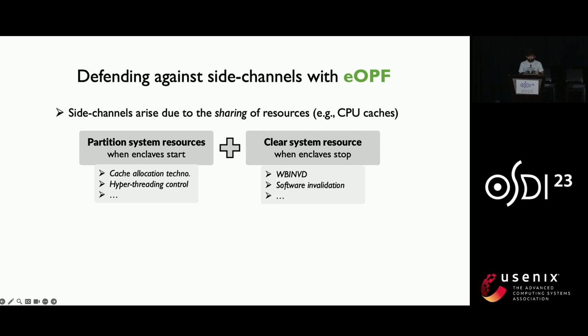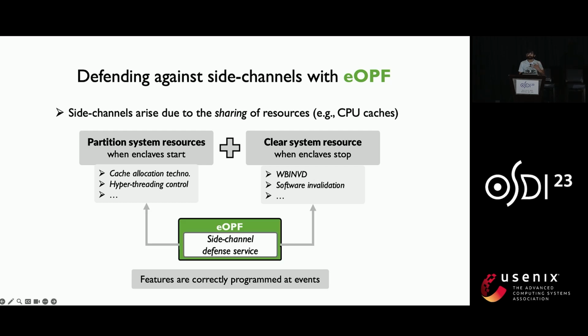And there are many CPU features that allow us to perform this partitioning and clearing. But the enclaves can't use them because enclaves are unprivileged. So what the eOPF side channel service essentially does is ensure that whenever enclaves start and whenever enclaves stop, these features are correctly programmed at these events to ensure isolation between system resources.